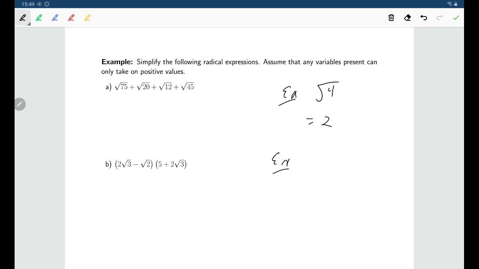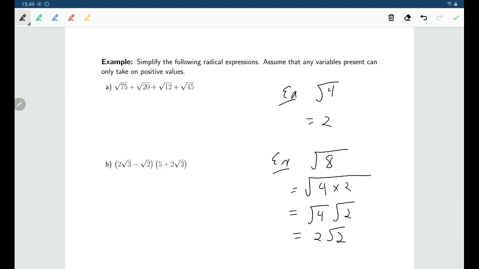Or if you had something like square root of 8, although 8 is not a perfect square, 8 is a perfect square times another number. 8 is 4 times 2. You could say that root of 8 is root of 4 times root of 2, or 2 root of 2.